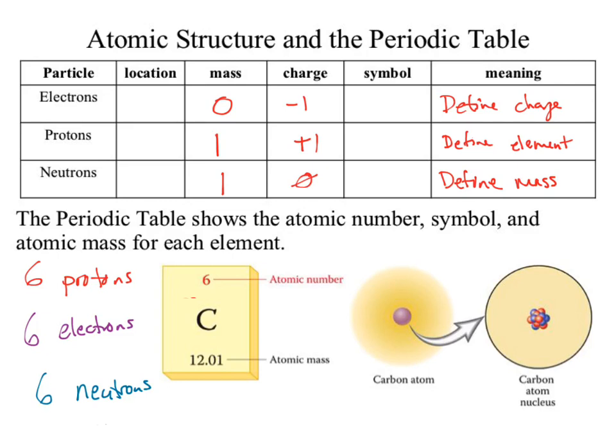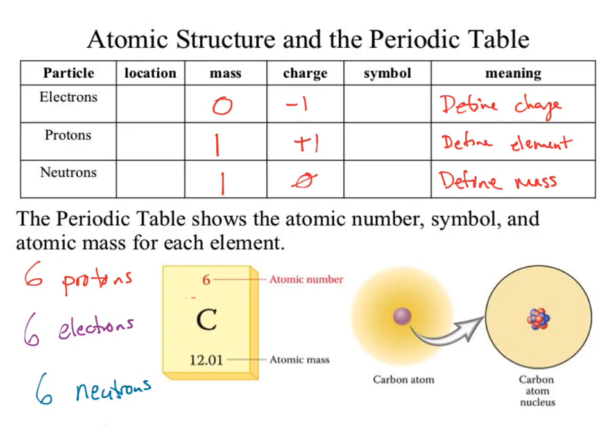Okay, so 6 neutrons. What would the mass number be if it had 6 neutrons? 12. 6 plus 6 is 12. What's that say? 12.01. Why does it say 0.01? Is the 12.01 the mass number?